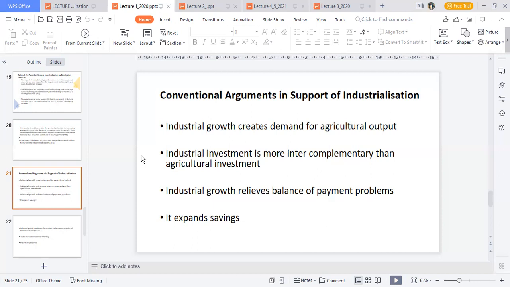Let me put it that way. Industrial growth releases balance of payment problems, meaning that when you foster industrialization as a country, you'll be able to export the goods that you sell. Now, if you add value to what you export, it gives you more revenue than when you export the raw products. It expands savings, meaning that it adds up to what you have already.